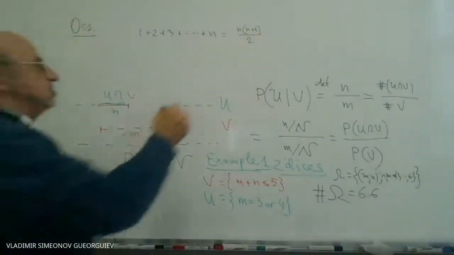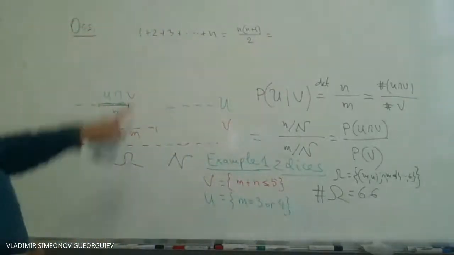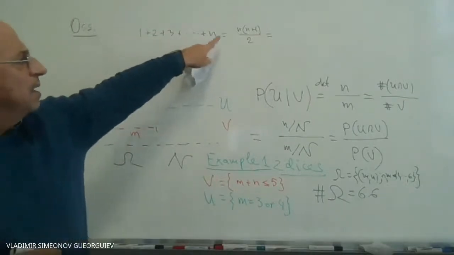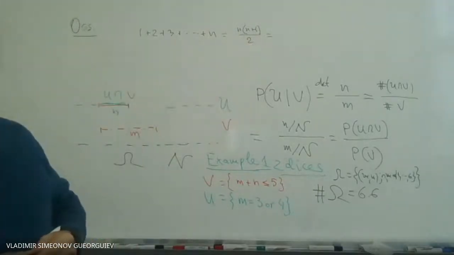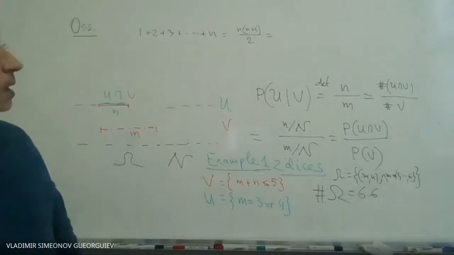Let us check: we had 1 plus 2 plus 3 plus 4. 4 by 5 divided by 2 is exactly 10. So this is a rapid way to compute this sum.